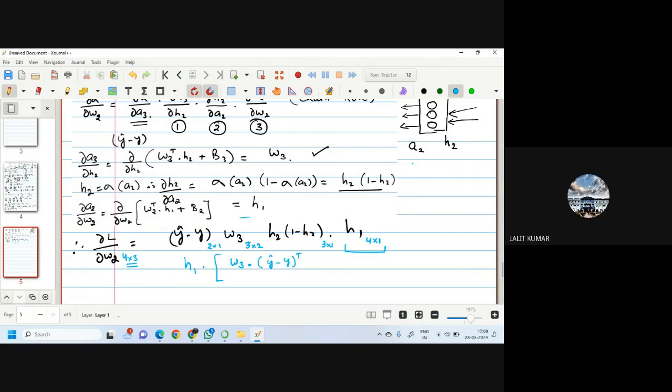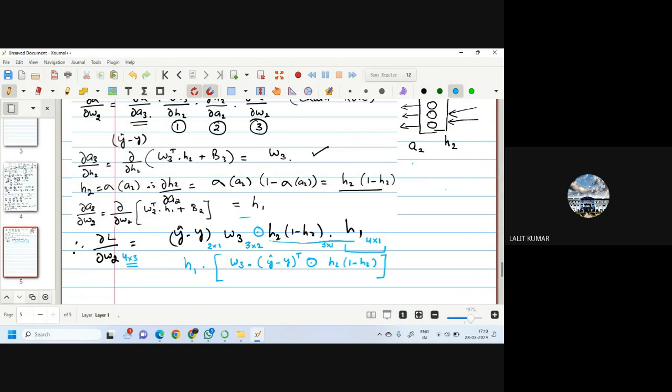Sorry. So I have written here. See, size of this W2 is 4 into 3. Y hat minus Y is 2 into 1. W3 size is 3 into 2. And we have to use the multiplication with this H2 into 1 minus H2.